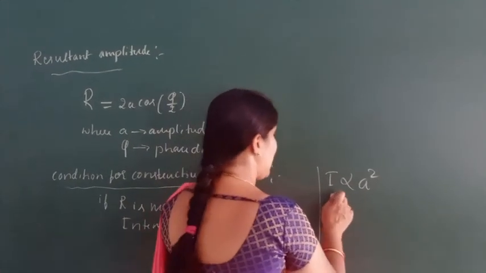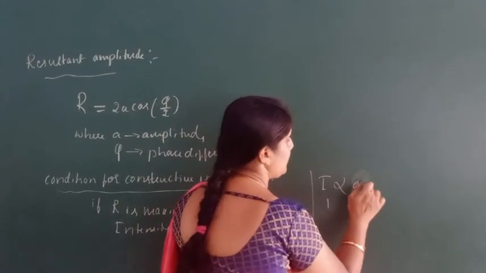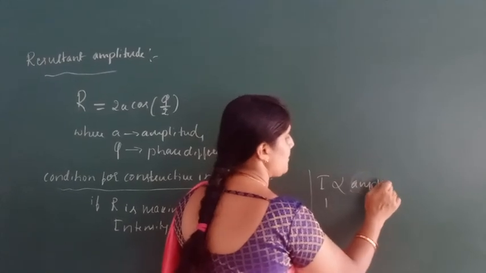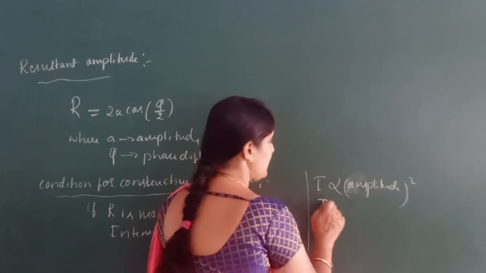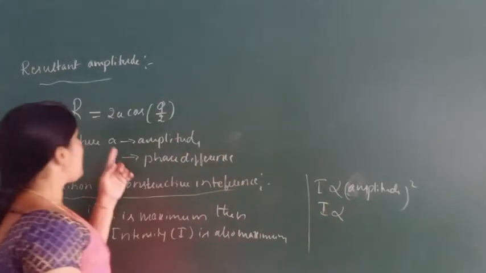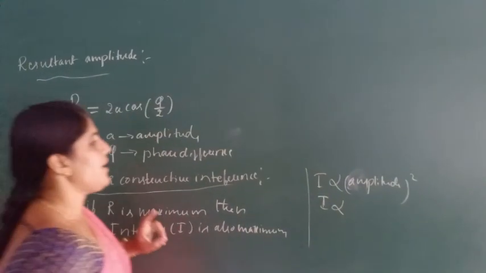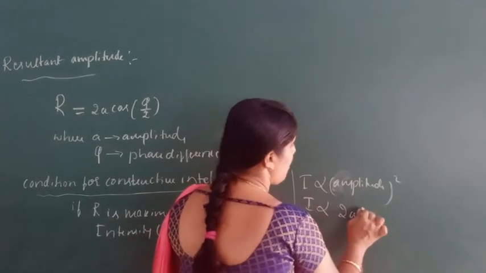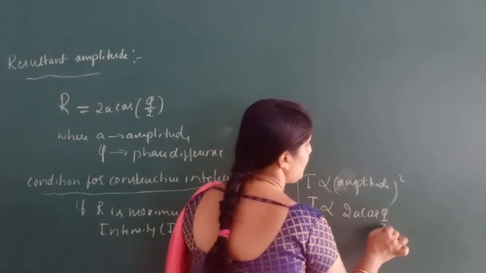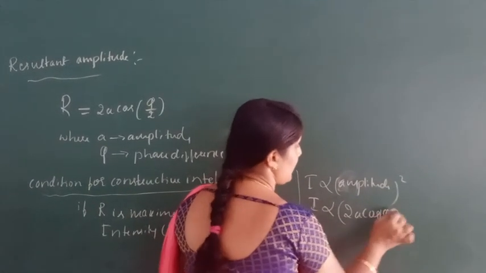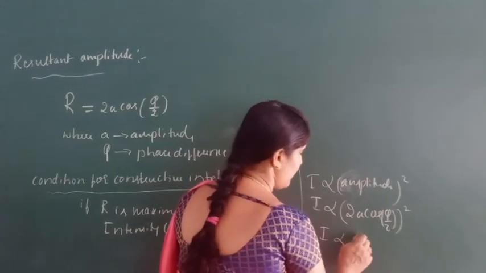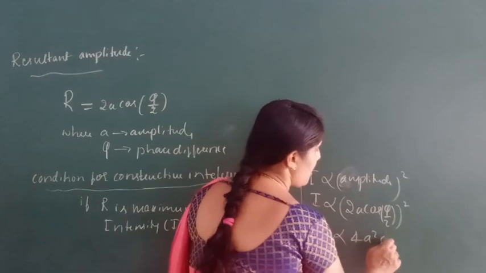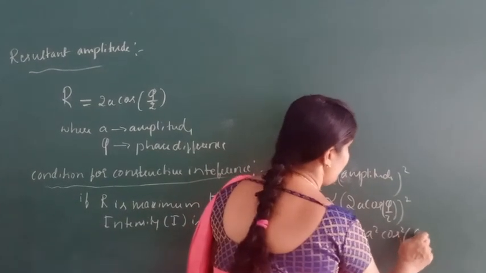So intensity is directly proportional to 2A cos phi by 2, that whole square. This becomes I is directly proportional to 4A square cos square phi by 2.